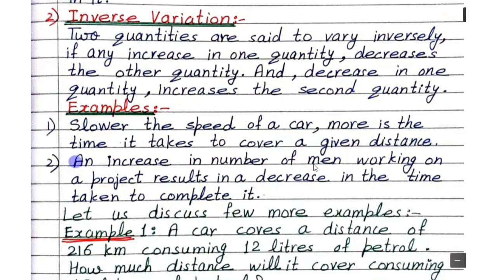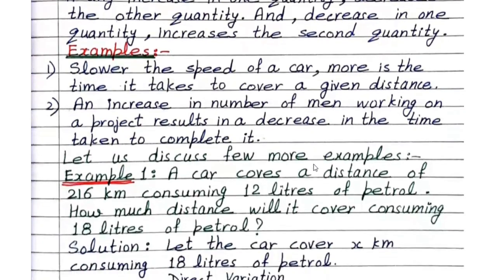Second is, an increase in the number of men working on a project results in a decrease in the time taken to complete the work. That means more men will take less time to complete the same work. Clear? Now children, let us discuss a few examples based on direct and inverse variation.